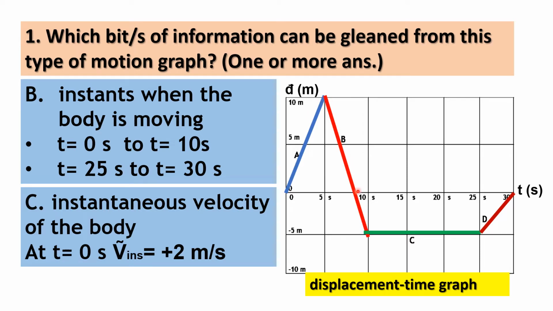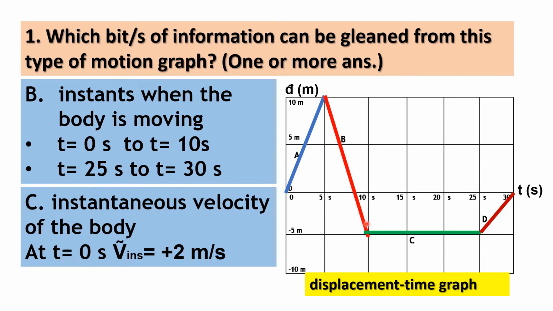Because if you notice, if you are going to get the slope of this graph line by getting the final displacement, which is negative 5 meters, and our initial is positive 10. So if you get the delta D, it is going to be negative 5 minus 10, and the answer is negative 15.